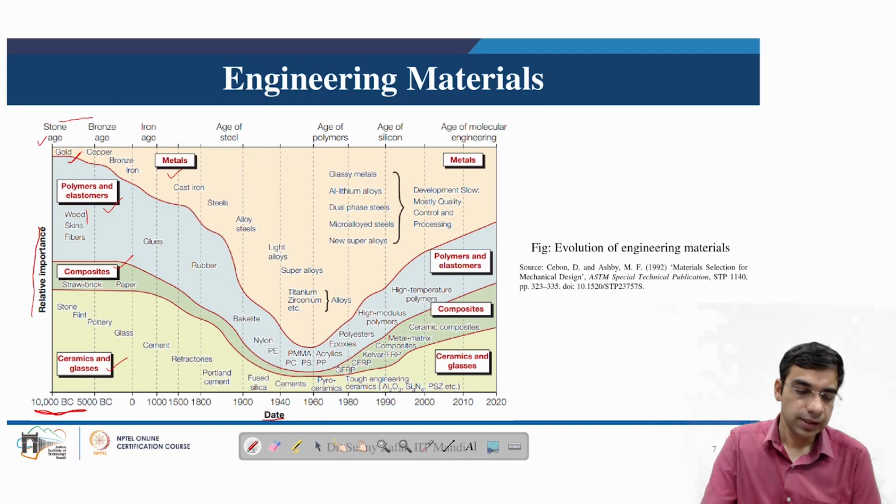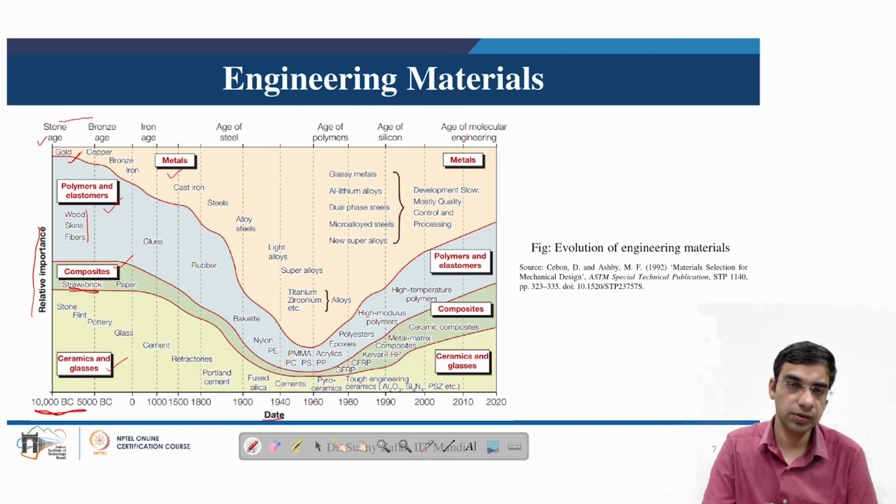And we know that this combination of wood, skin, and fibers were used for making the clothing or maybe some tools, etc. Then we had composites in the form of straw and brick, which was initially developed and this was widely used to make houses or settlements. And in terms of ceramics and glass, we had stone, flint, and pottery, the initial ceramics which were discovered, and we know they were used to make some vessels, tools for hunting, and so on.